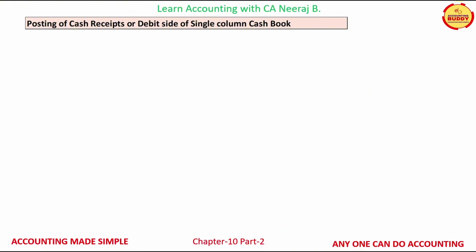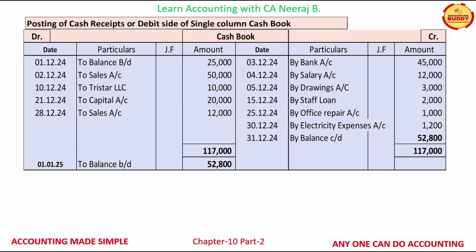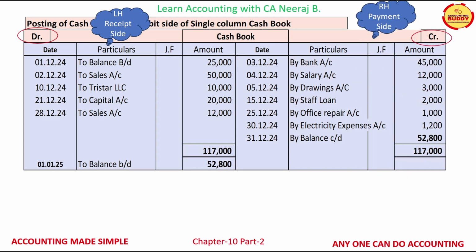Let us now learn the posting of cash receipts or debit side transactions of a single column cash book, basis the cash book we prepared previously and now appearing on your screen. In a cash book, all receipts are recorded on the left hand debit side and all the payments are recorded on the right hand credit side, which means cash account is getting debited with receipts and cash account is credited with the payments.